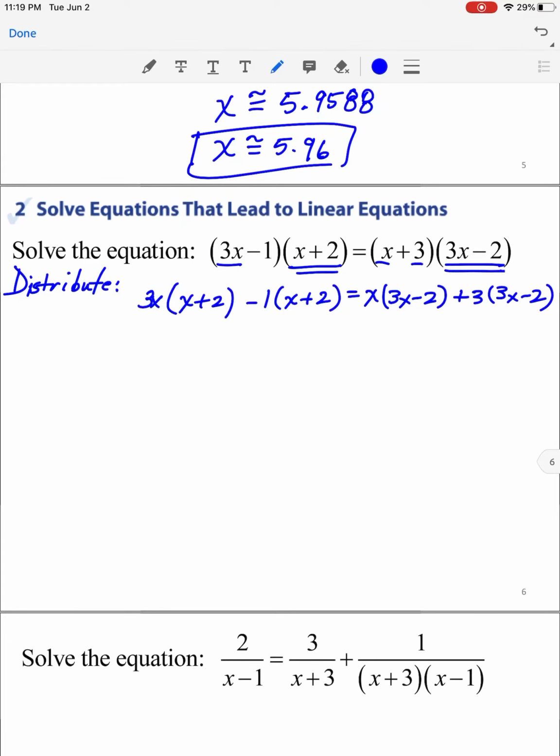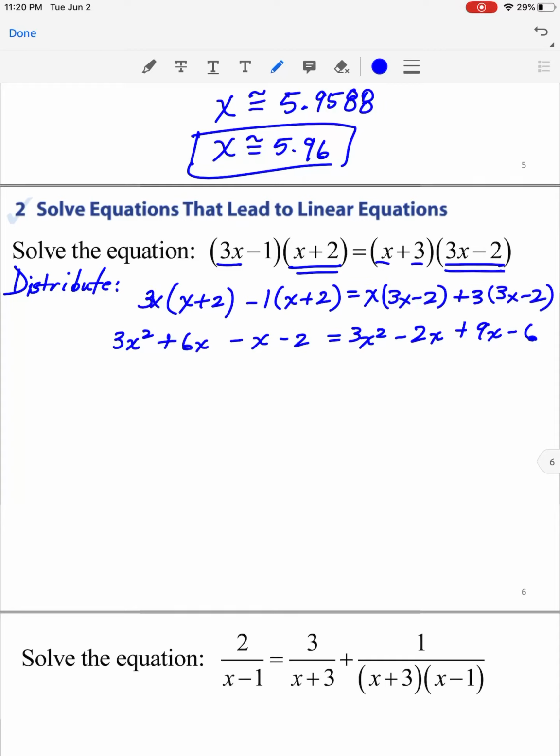That's my first distribution. Second distribution, distribute everything through. So we have 3x squared plus 6x minus x minus 2 equals 3x squared minus 2x plus 9x minus 6.